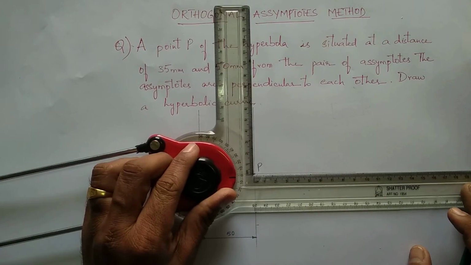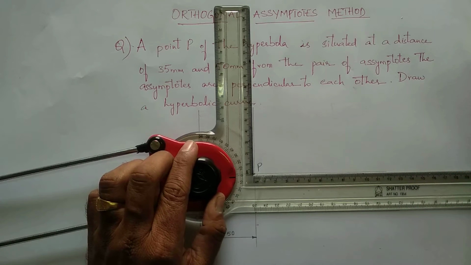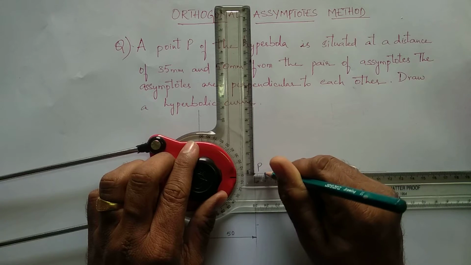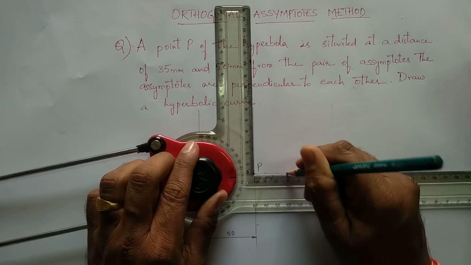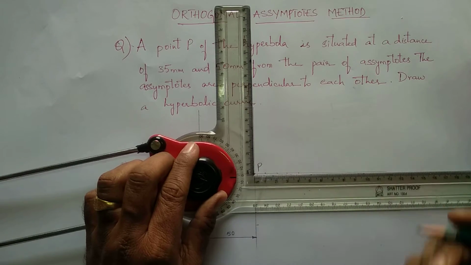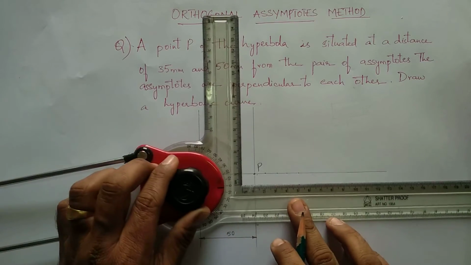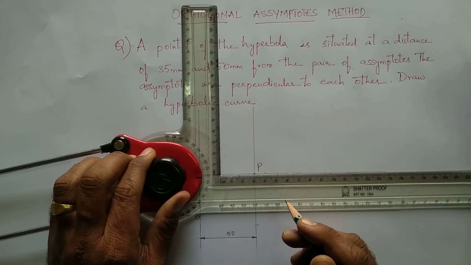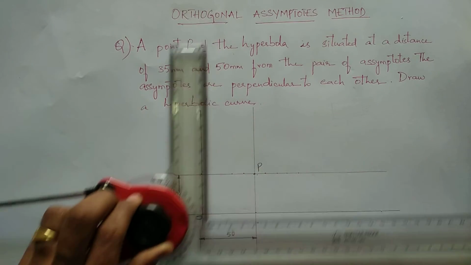Now, on this horizontal line from point P, take some equidistant points. I am taking around 4 points: 1, 2, 3, 4, towards the right side, and meanwhile take 2 points at the left side also: 1, 2.